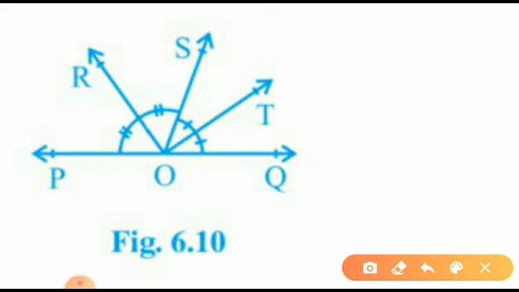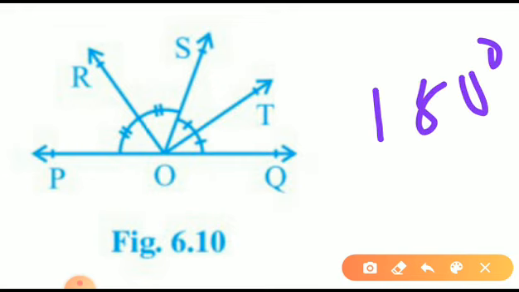Similarly, SOT and TOQ are again the same angles. Now can I say angle POR plus angle ROS plus angle SOT plus angle TOQ will be equal to 180 degrees, because all the angles form a straight line.